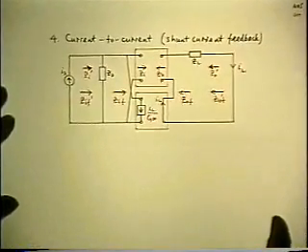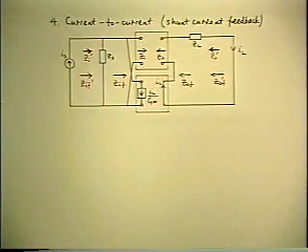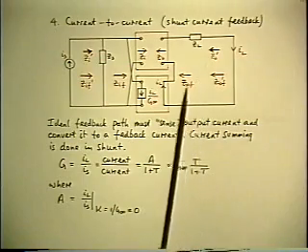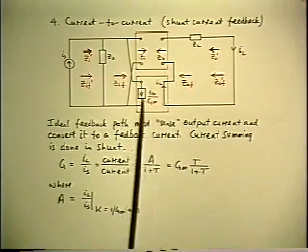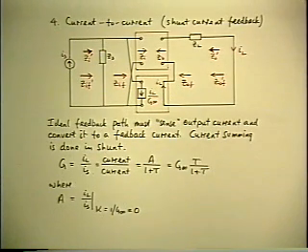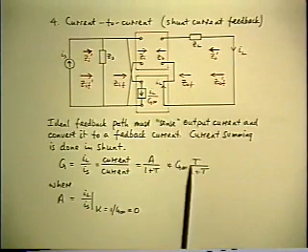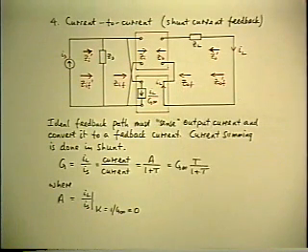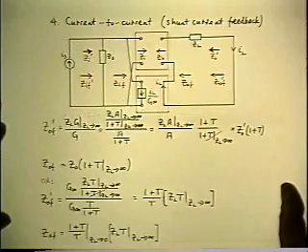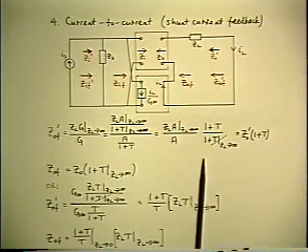Type 4 is current to current. So again, we have to sense output current and convert it to a fed-back current by shunt opposition connection. And the appropriate formulas are, for output impedance, it's the new version, like the input impedance was originally, with ZL substituted for ZS.